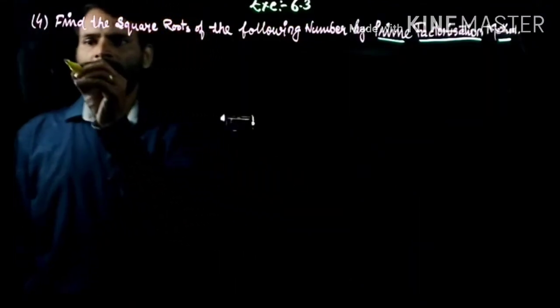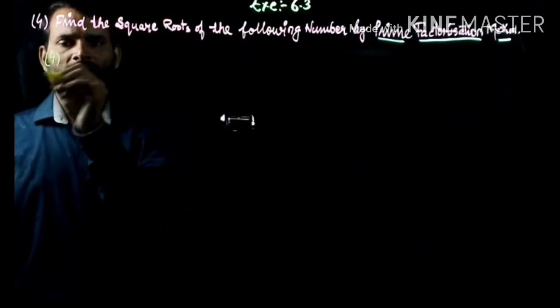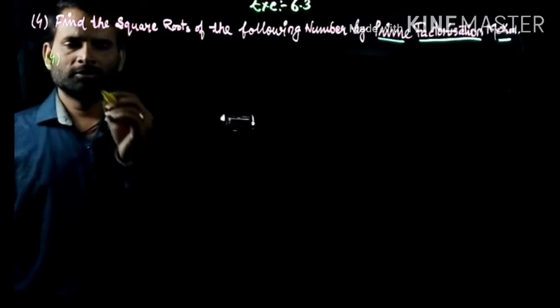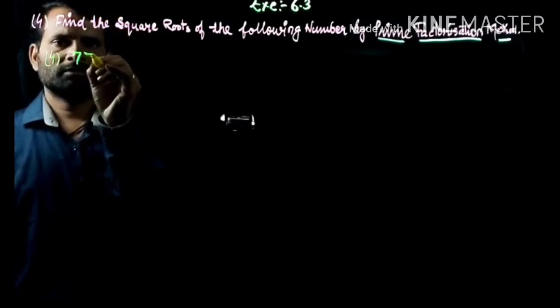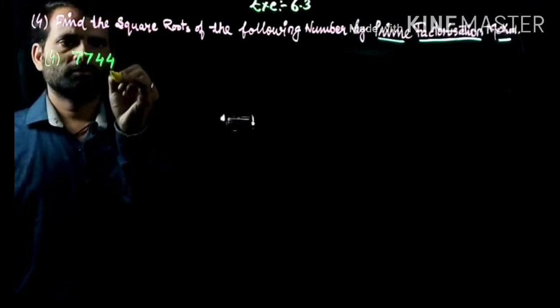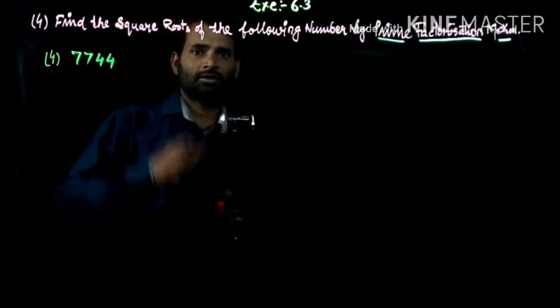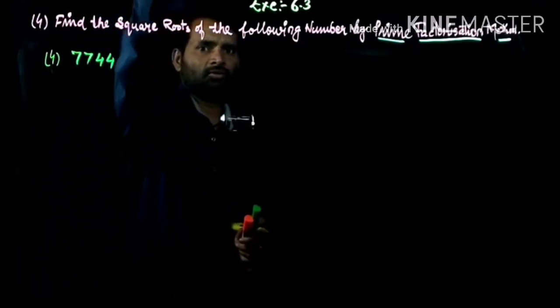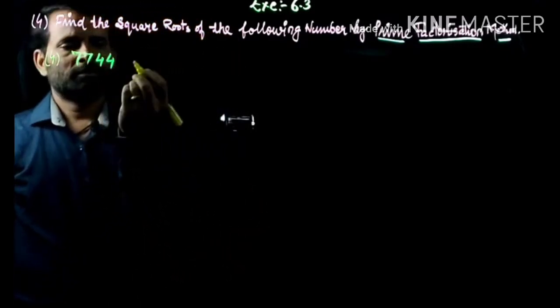Now question number 4 is 7744. Okay, find the square root of 7744 by the prime factor method.